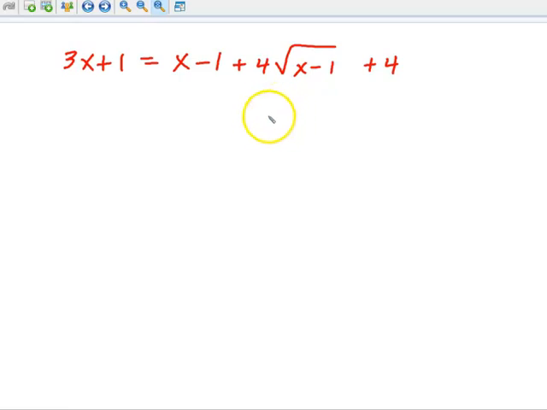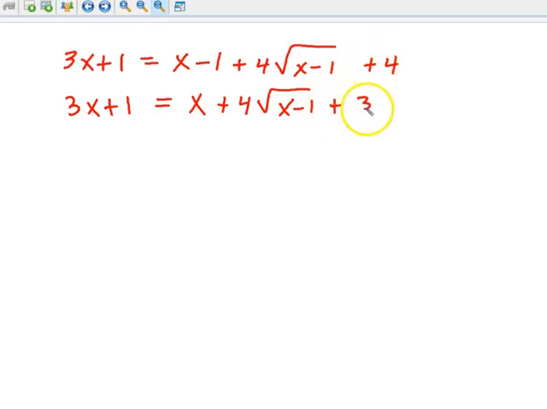Okay, so now let's do some cleanup. We can combine like terms on the right. We have a couple of constants. So I'm going to make negative 1 plus 4 go together as plus 3. And now we're back to familiar territory, sort of what we did at the beginning of this lesson.